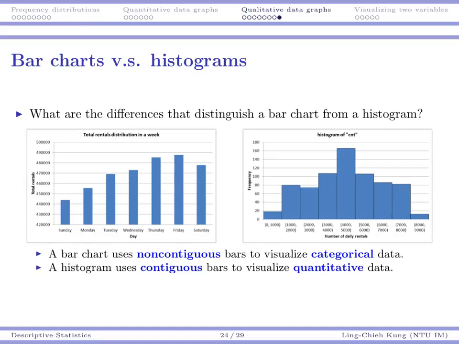So the meaning itself is different, and also graphically, there is no gap between two bars in a histogram, but in a bar chart, we typically do not connect those bars. I intentionally made them separated so that you understand, oh, this is a bar chart, for categorical data. So in the future, if you want to draw a histogram, connect all the bars. If you want to draw a bar chart for categorical data, separate them.